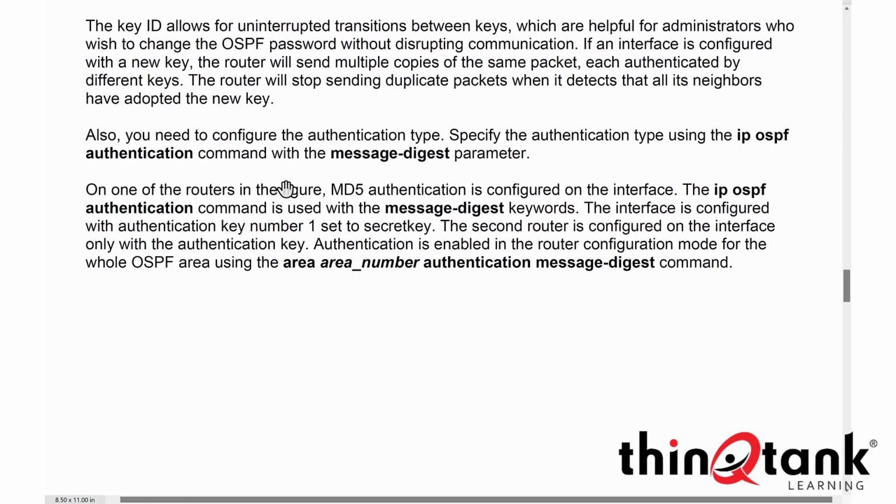We saw this in the context of EIGRP, where we could establish a key chain and we can have multiple keys on the keychain, each key string represented with their own unique key ID. So what we would do is we configure multiple key IDs, maybe 12 key IDs if we're going to switch one for every month, or 52 key IDs if we're going to do one every week.